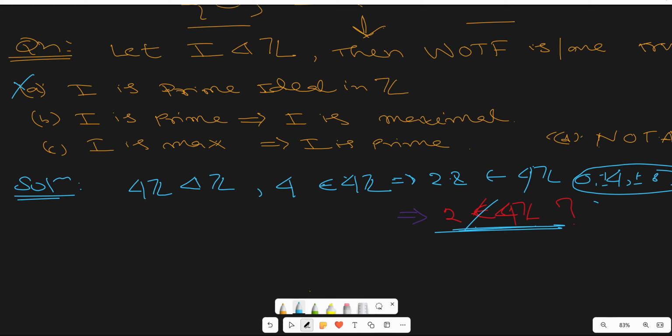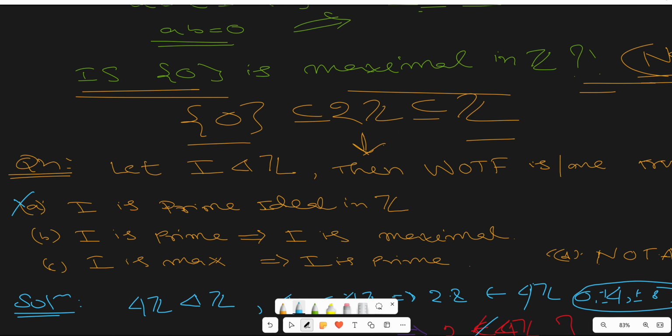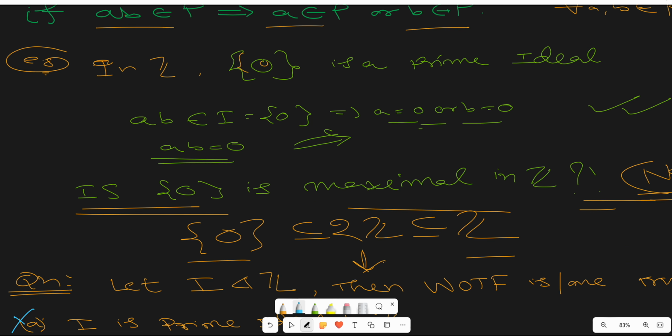For the second option: if I is a prime ideal, does this imply I is a maximal ideal? No, of course not. We have just an example. What is the example? 0. 0 is a prime ideal, because if ab is inside the ideal 0, that means a is 0 or b is 0.